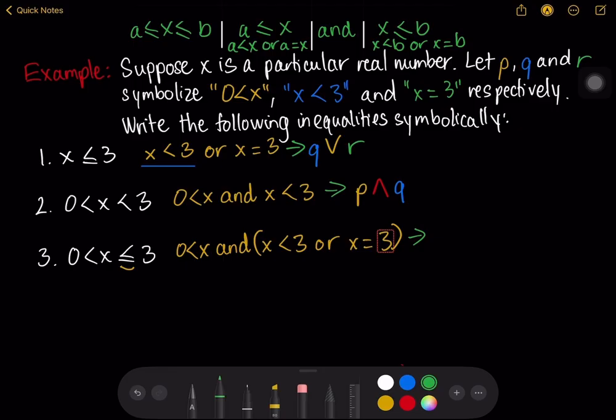Okay, so we have 0 less than x is our p. I'm going to write p here and the and symbol. And then we have the parenthesis. x less than 3 is our q, right? q, and then or x equals 3 is our r in parentheses.